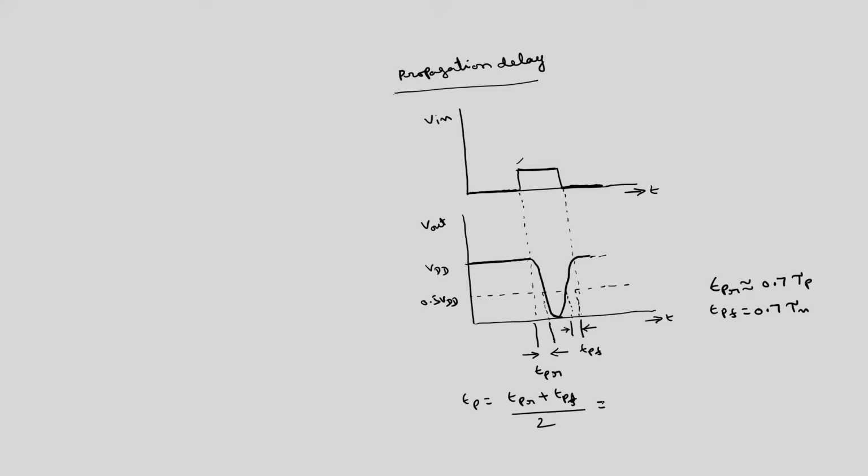Therefore, Tp will be 0.35 times the sum of the time constant of NMOS and the time constant of PMOS. This is the expression for the total propagation delay.